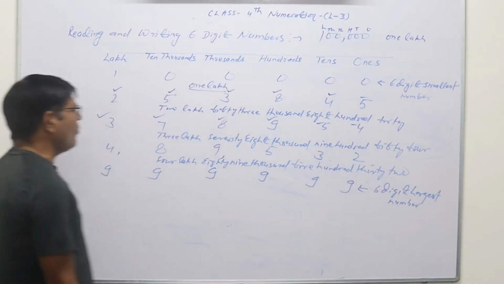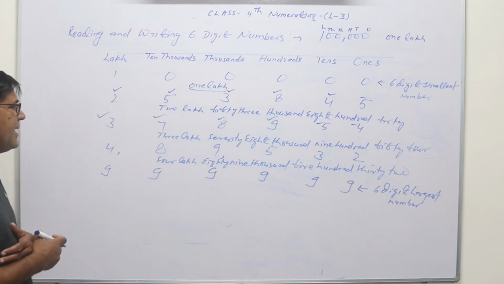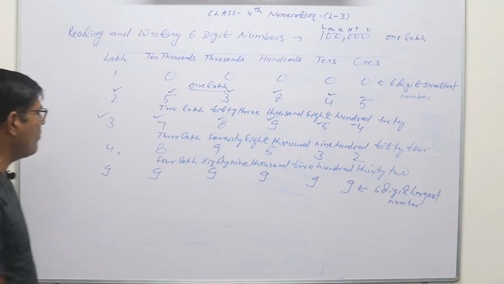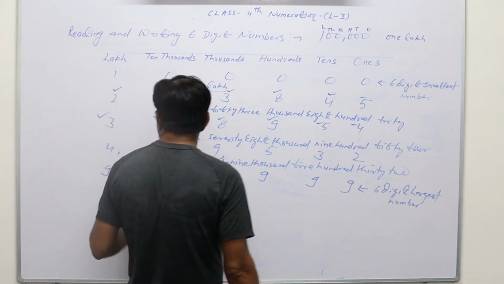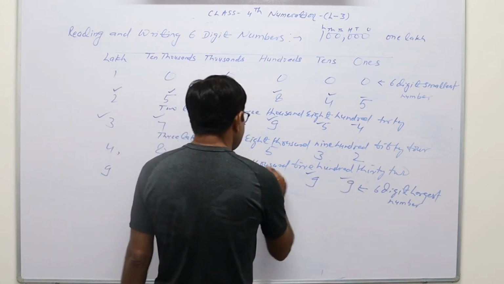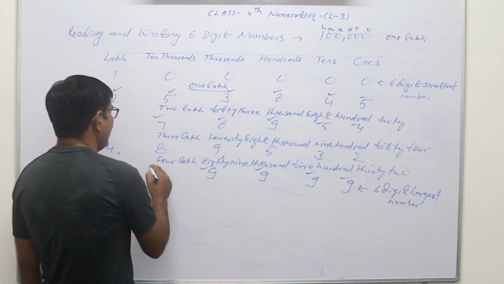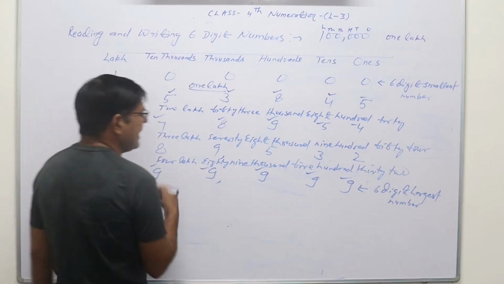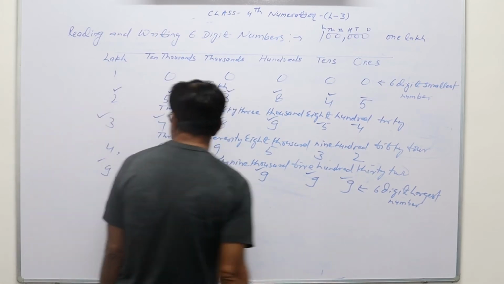Now if we have to write the 6-digit largest number, then all 6 digits will be 9. So how will we read this number? The 6-digit largest number: ones, tens, 100, 1000, 10,000 and lakh. So 9,99,999.